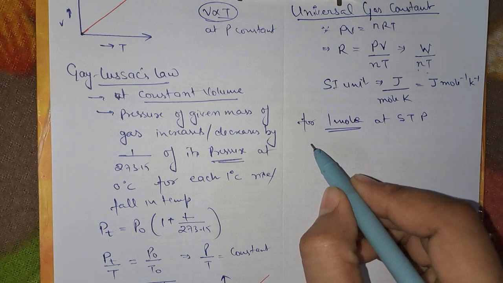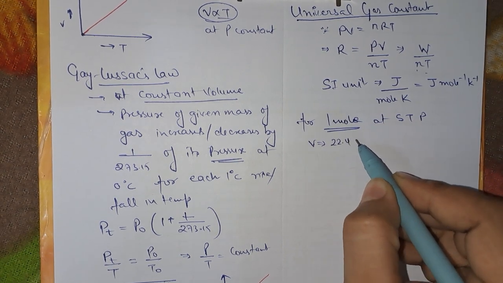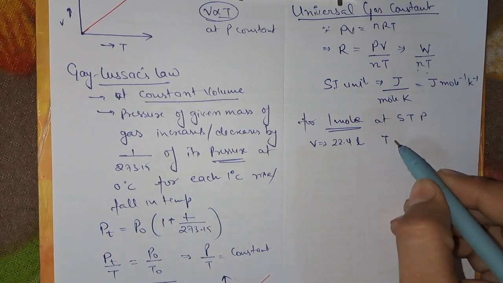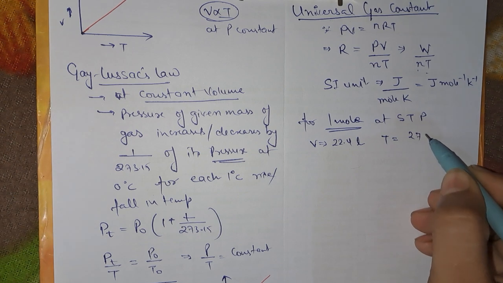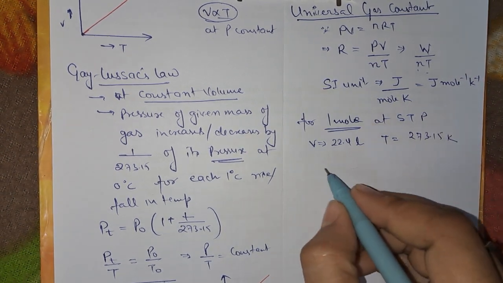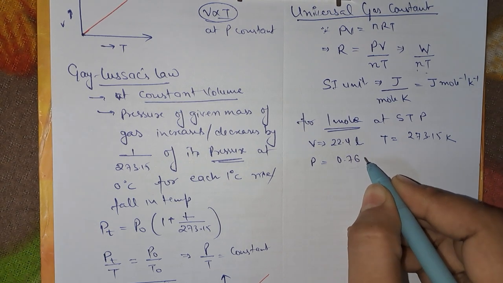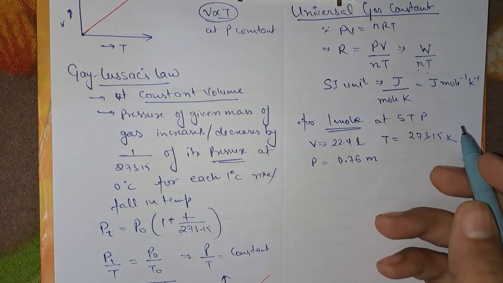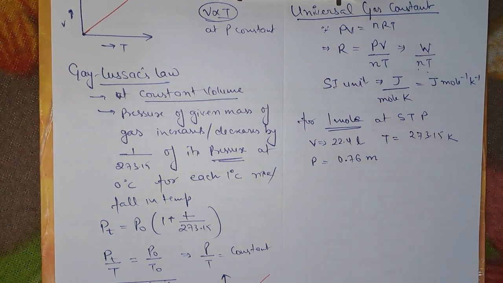At STP, volume equals 22.4 liters, temperature is 273 K and pressure is 0.76 meter, or 760 of mercury column.